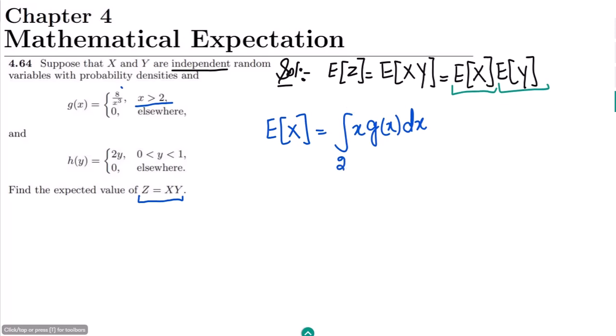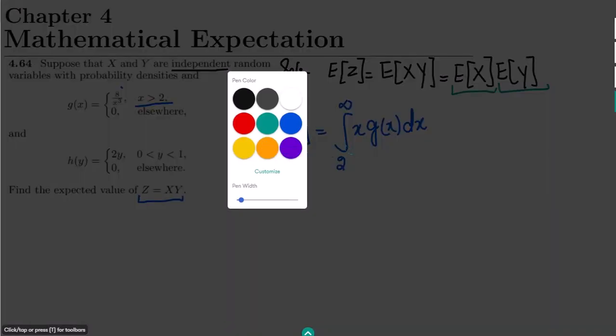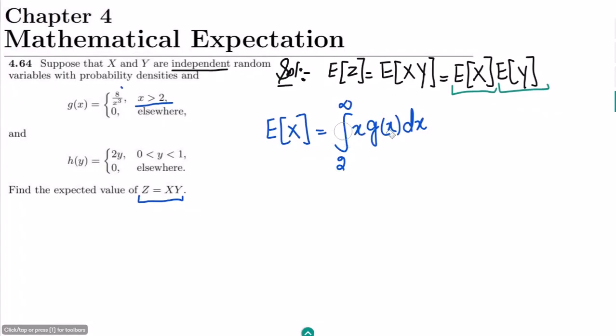The value of g of x for this range is 8 by x cube. So multiplied by 8 by x cube, it will cancel out.